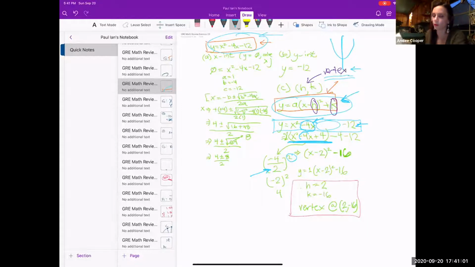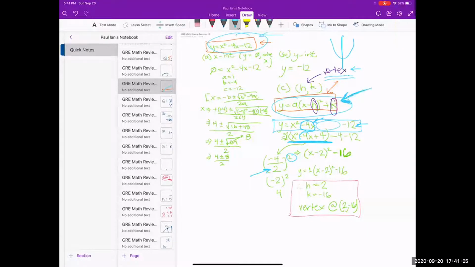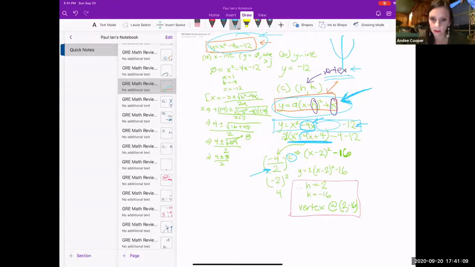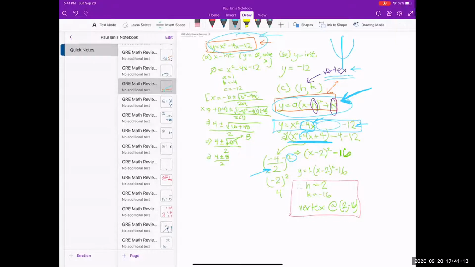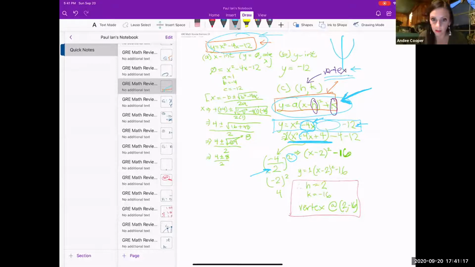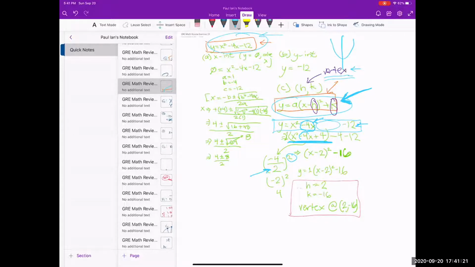So the rule for completing the square is you take the coefficient of the x term, divide by 2 and square it. Let me write this down here.